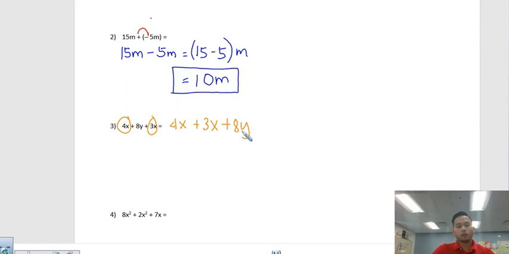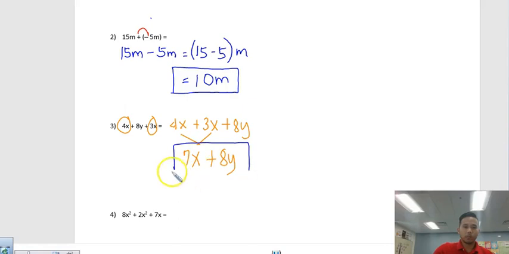So you add 4 and 3, the coefficient of x. So 4 plus 3 will be 7, and then copy x. And then of course you cannot simplify this further because 7x plus 8y are not like terms. So the final answer for this problem will be 7x plus 8y.